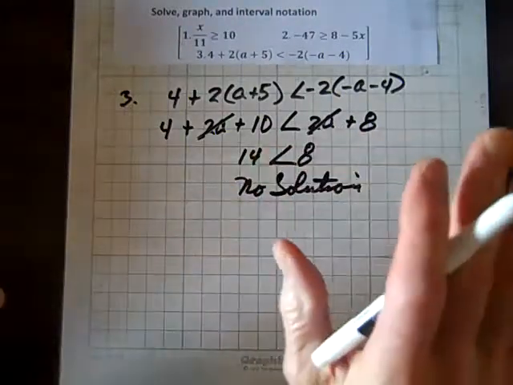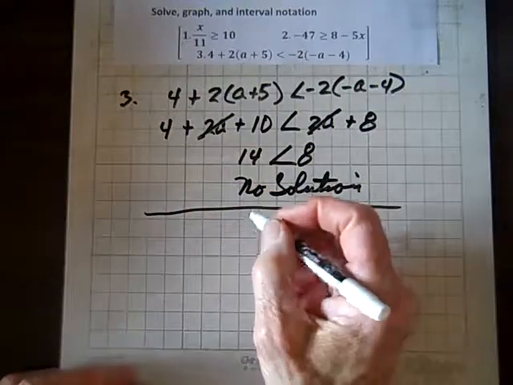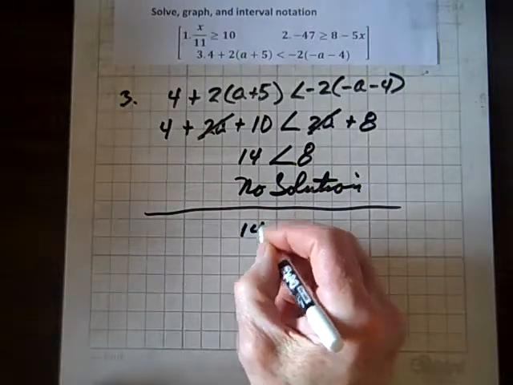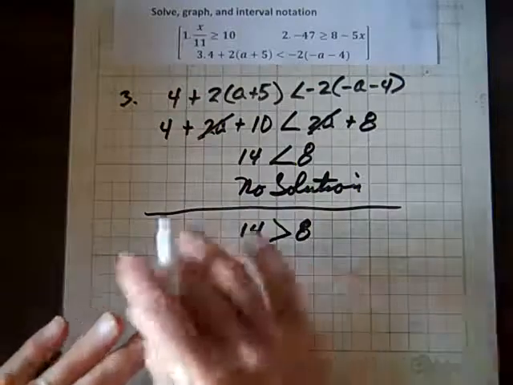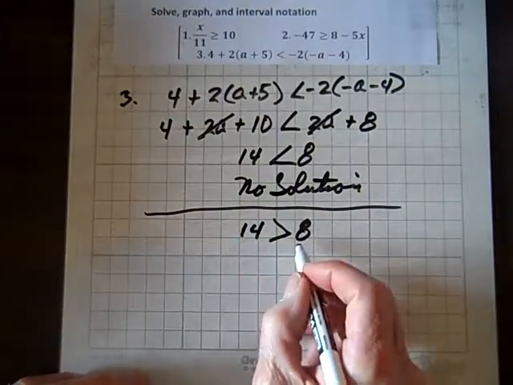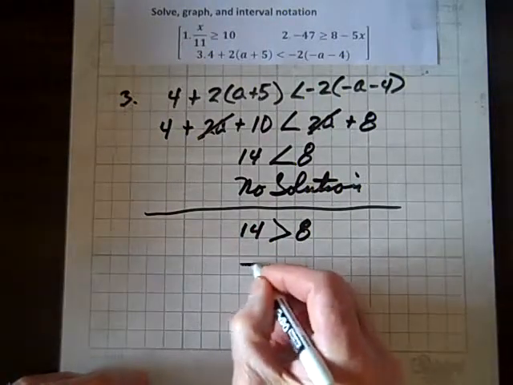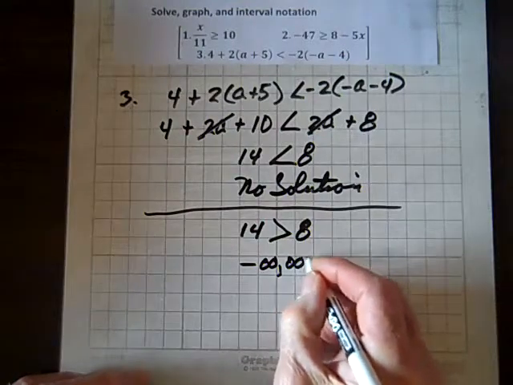On the other hand, let me do another case, what if when we were done we had this outcome? What if we had 14 is greater than 8? This is just a what if. What would be the implication if this was the case? The implication would be all real numbers, negative infinity to infinity.